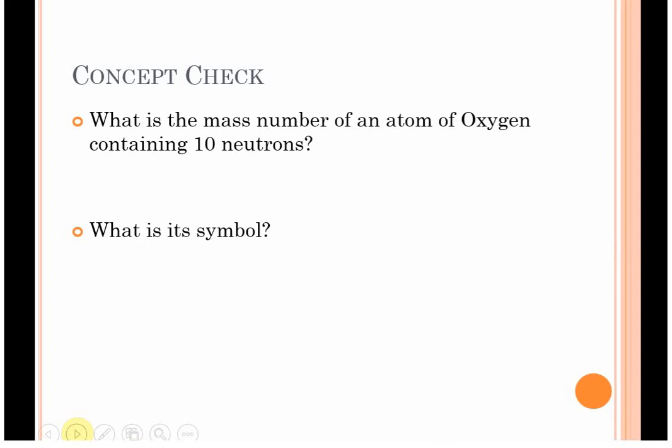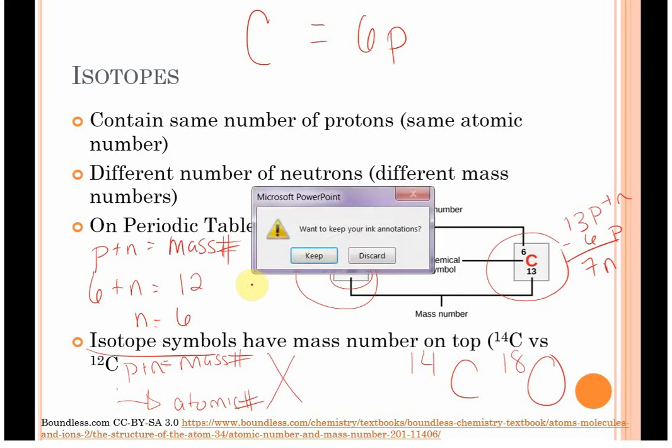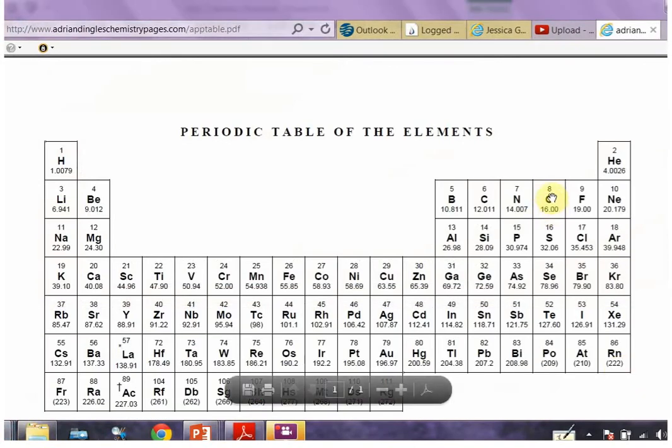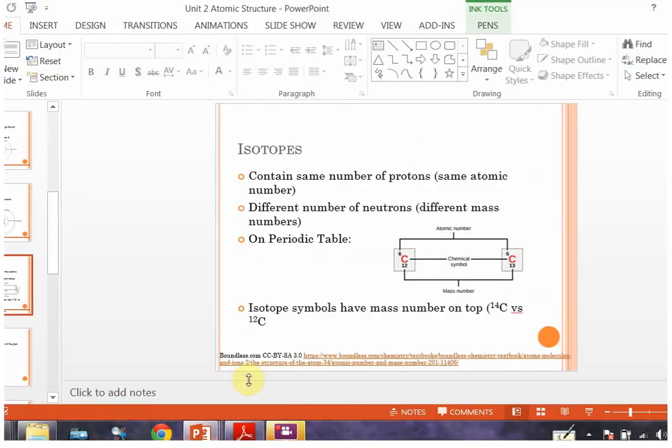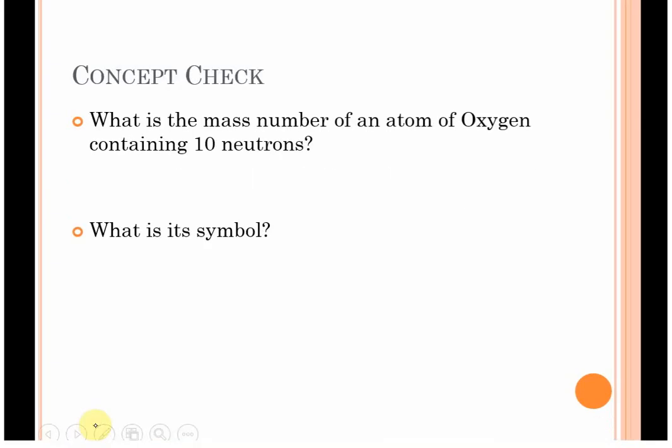So what's the mass number of an atom of oxygen containing 10 neutrons? Now, oxygen is atomic number 8. That means it is going to have 8 protons.